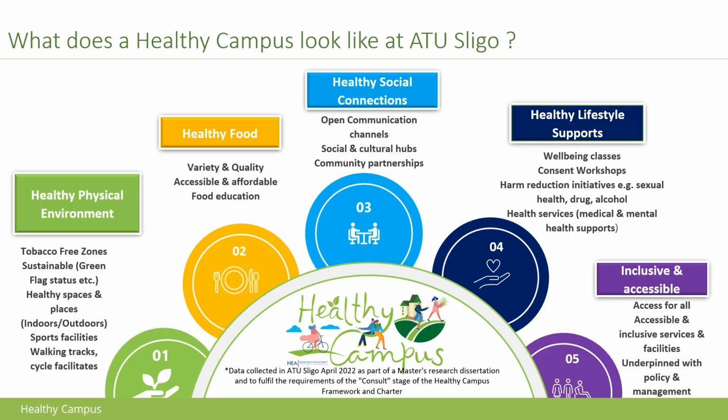They were saying that there should be access to campus for all, that spaces and facilities on campus should be accessible, and all of this needs to be underpinned by policy and management commitment. For each of these things, there needs to be a commitment in writing where possible, whether it's in an overall strategy or an actual healthy campus strategy.